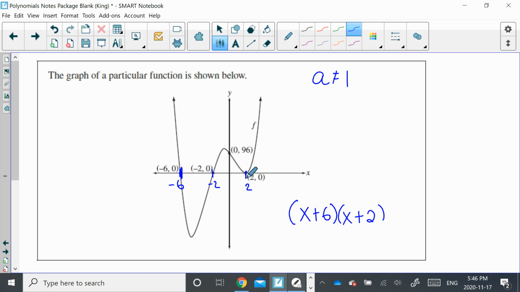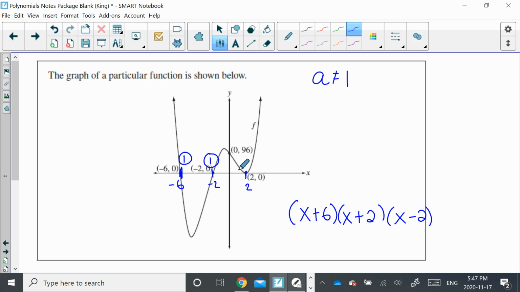This last x-intercept, the 0 is 2, so the factor is x minus 2. Now, this one I know is a degree 1 because it cuts through. This guy here, I know it's a degree 1 because it cuts through.